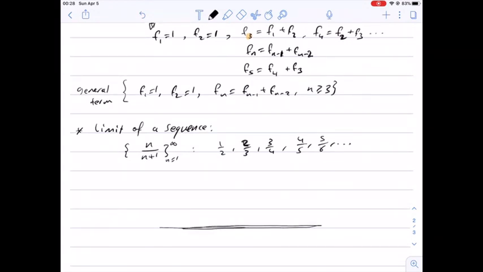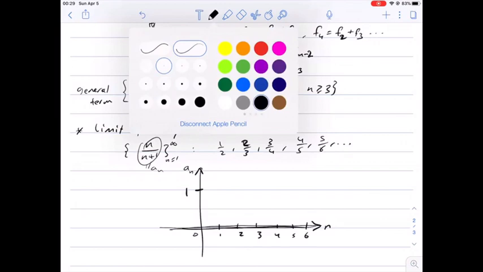If we try to graph this sequence, this is the horizontal axis. The horizontal axis represents n, and the vertical axis represents a sub n. Here 1, 2, 3, 4, 5, 6. Here we have 1.